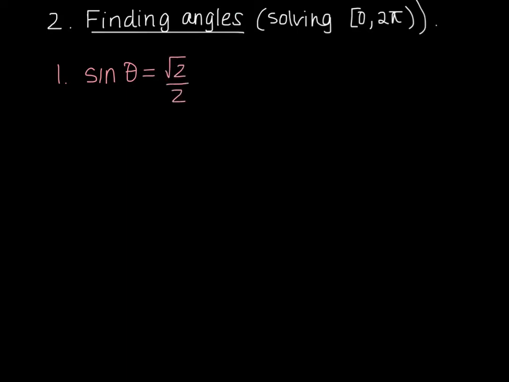So I'm looking for the angles that have a sine ratio of radical 2 over 2. Now I'm giving you the ratio and I'm looking for the angle. I still think of this the same way I do in the other ones. I do a quick sketch here and label everything accordingly, and try to figure out what this is going to look like.